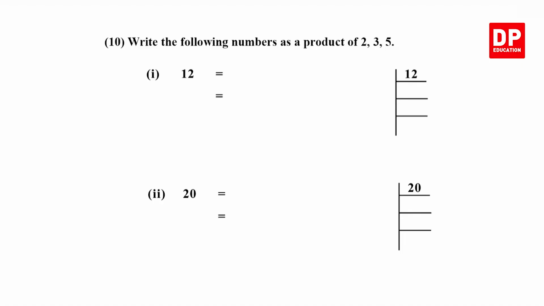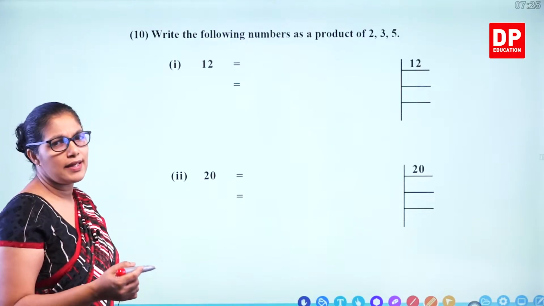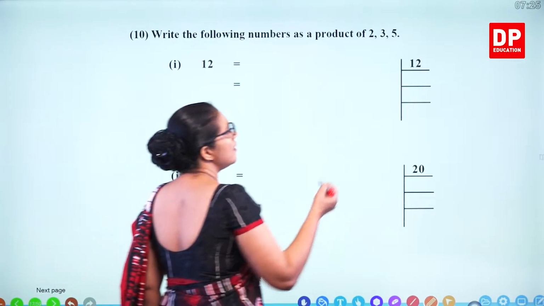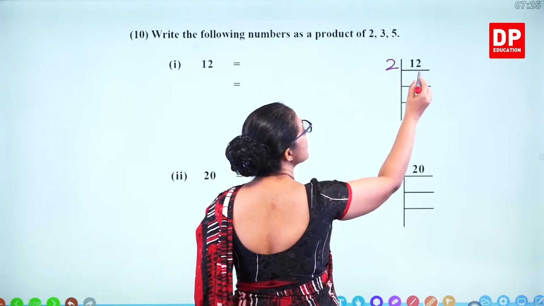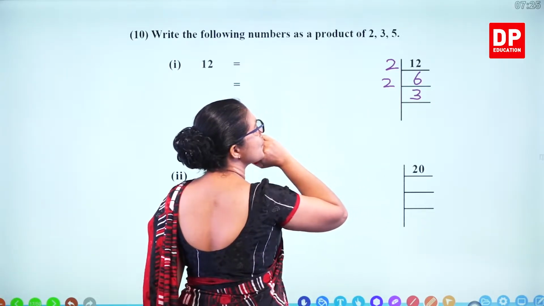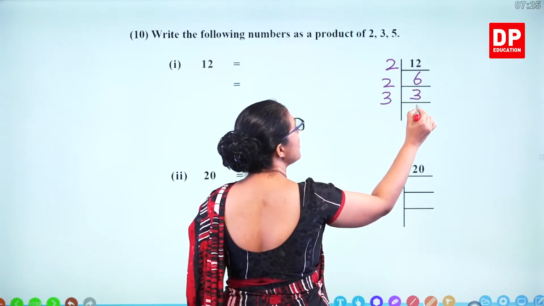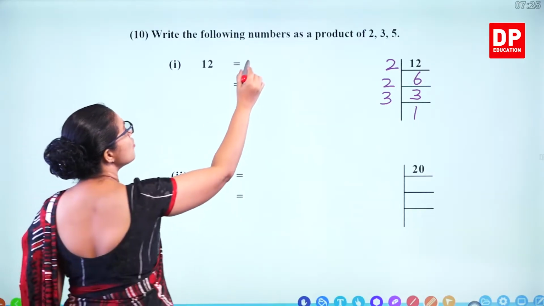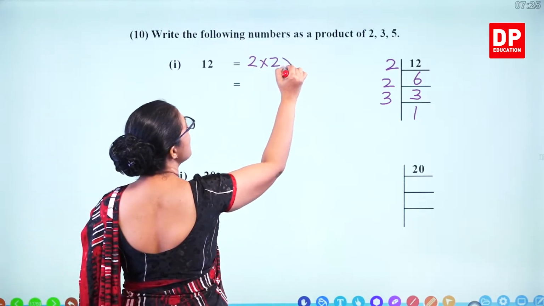Write the following numbers as a product of 2, 3, 5. So you have to divide either by 2, 3 or 5. So take 12. You can divide by 2 first. That's 6. Again you can divide by 2. That's 3. Now you have to divide by 3 and you get 1. So you can write 12 as 2 times 2 times 3.